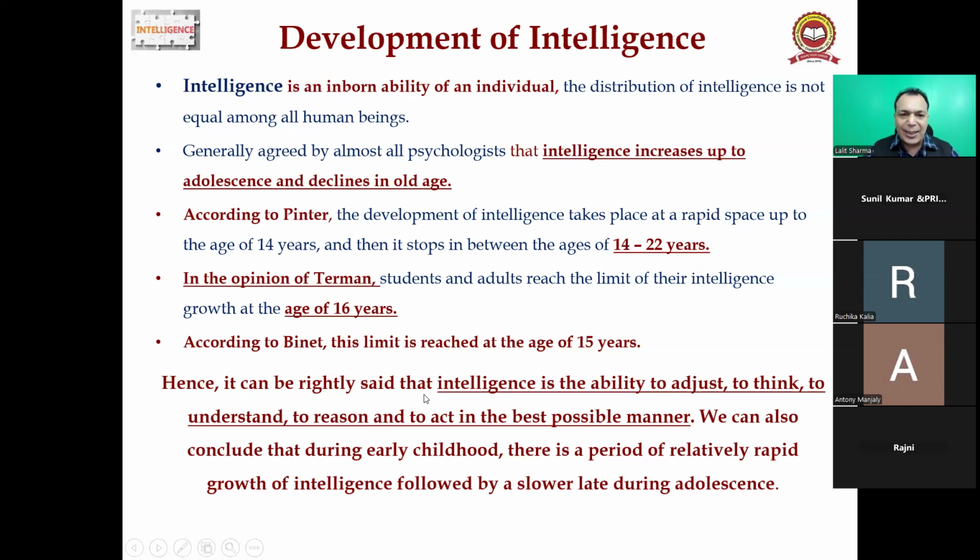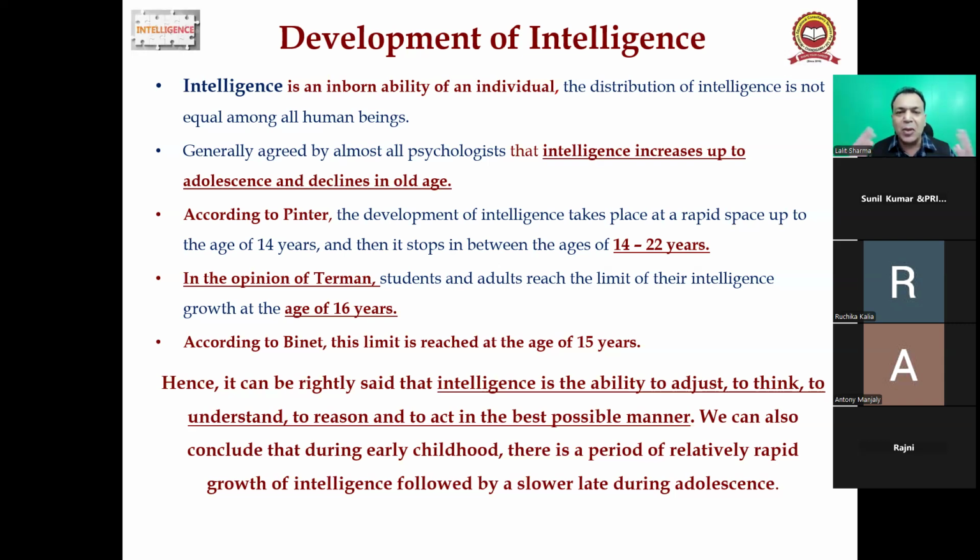Hence, it can be rightly said that intelligence is the ability to adjust. Look, who can adjust? If he has the ability, if he is intelligent, he will adjust himself. He will say, no problem. He will always look for a solution to the problem. You must have seen persons who always complain to other people.